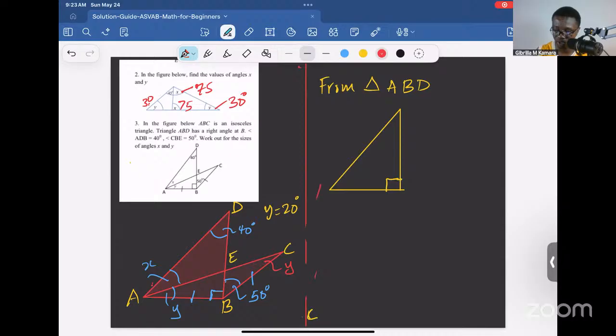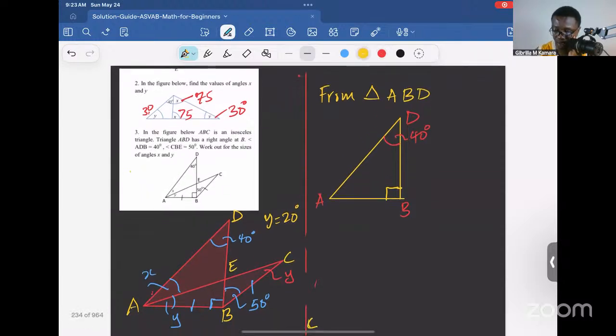So this is your A, this is your B, and this is your D. This angle is 40 degrees. Then we have another line, this one, and it extends out, right?